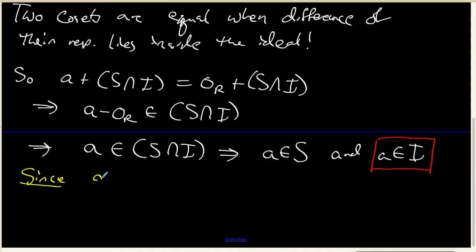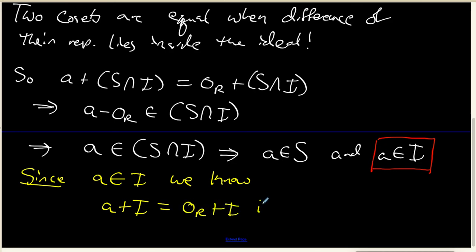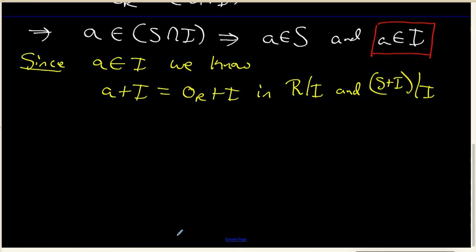Since a lives inside I, we know that a plus I is actually just 0 plus I, and this is true inside both the quotient ring R mod I and inside its subring S plus I mod I. And what this says is that we've now proven the following implication.